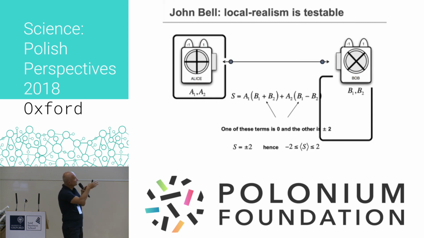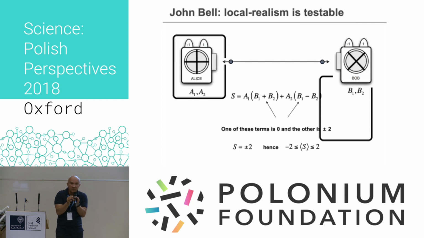Don't worry, this is the most technical slide that I have. Now, think about A1, A2, B1, and B2 as binary random variables, because A1 can have two different values, +1 or -1. The same for A2, the same for B1, and the same for B2. You don't know which one will happen, but you know that it is one of the two.